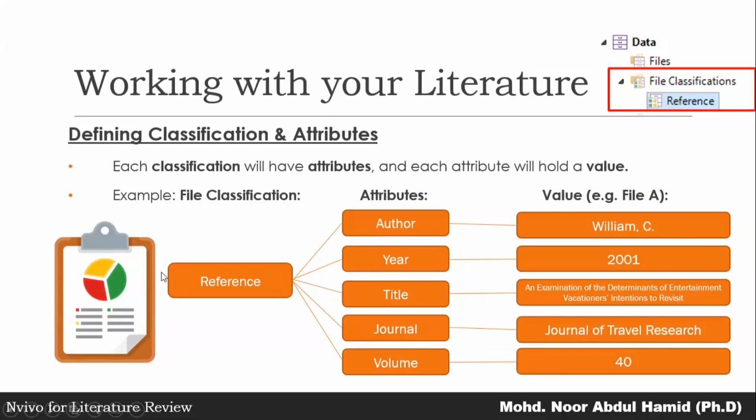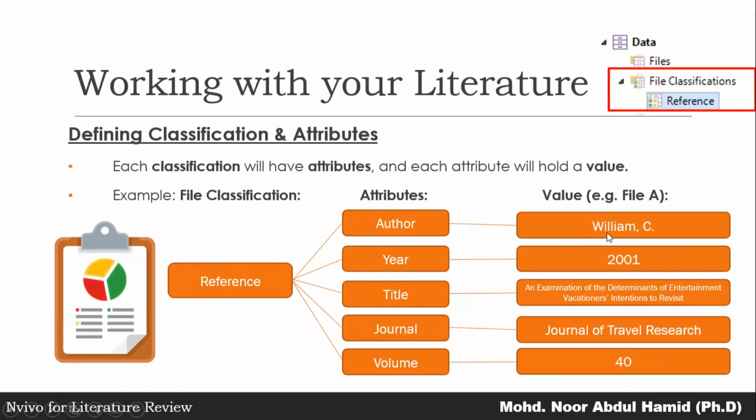For each of these references, you will have attributes that describe the file, such as authors, year, title, journal, volume, and so on. And for each file, you will have a value attached to each attribute.